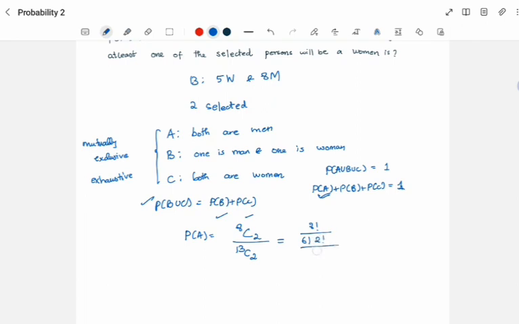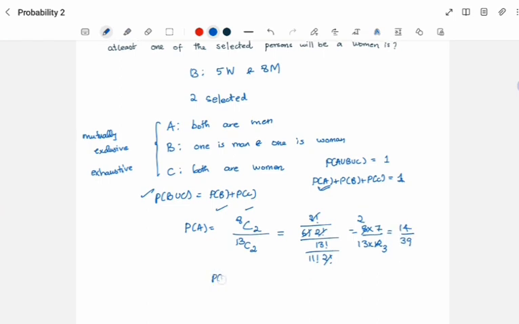So this I can expand: 13 factorial by 11 factorial into 2 factorial. 2 factorial cancels, and I get 8 into 7 by 13 into 12. So this is like 4 table 2 and 3, so 14 by 39.